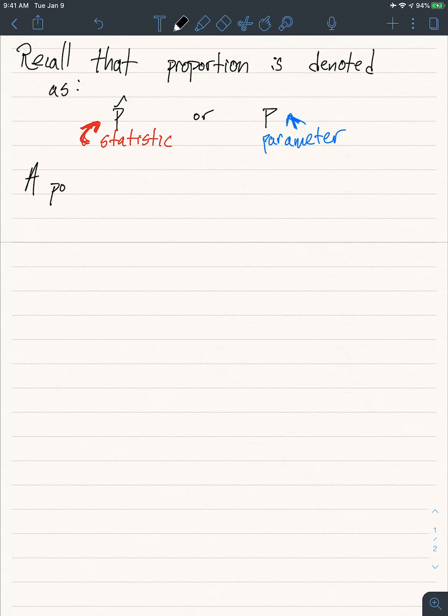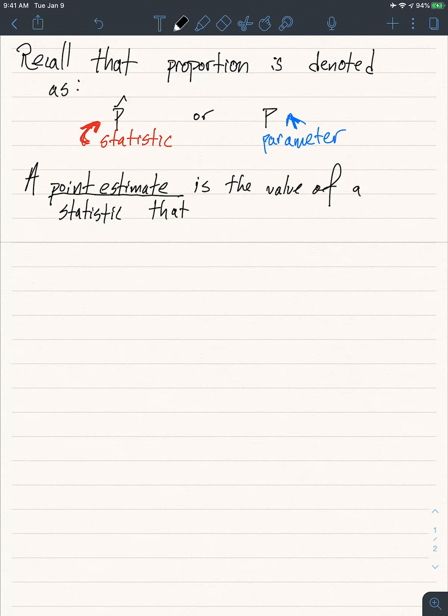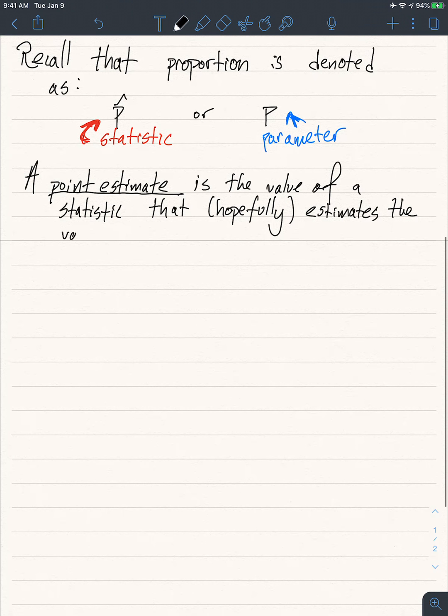A point estimate is the value of a statistic that, in parentheses, hopefully estimates the value of a parameter.